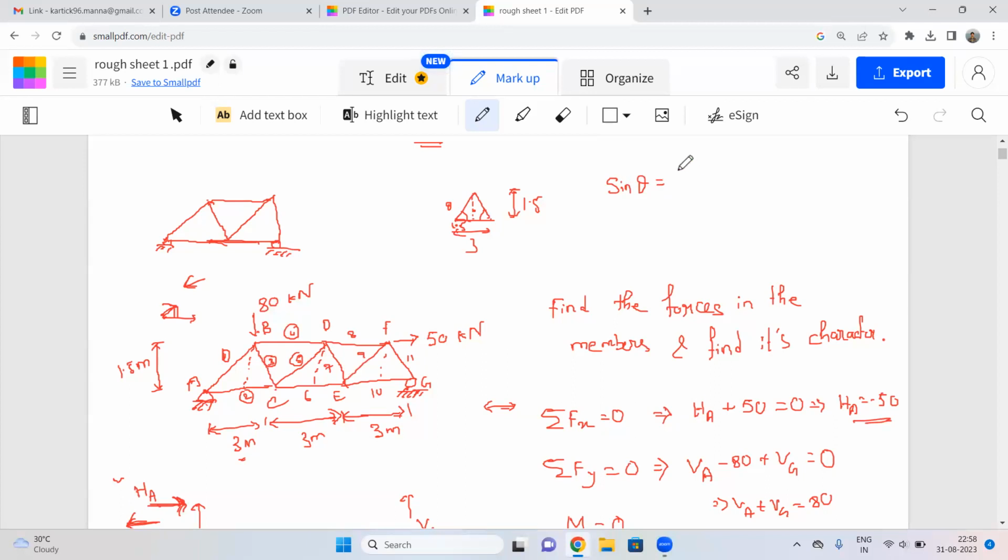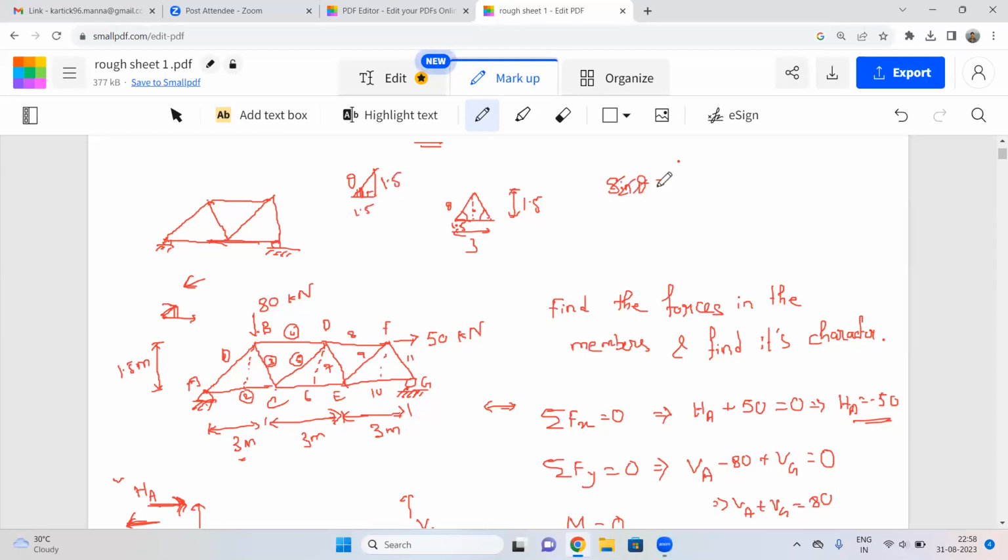Opposite by hypotenuse. Now this is your 90-degree angle. We know the values, that is 1.5 and that is 1.5.